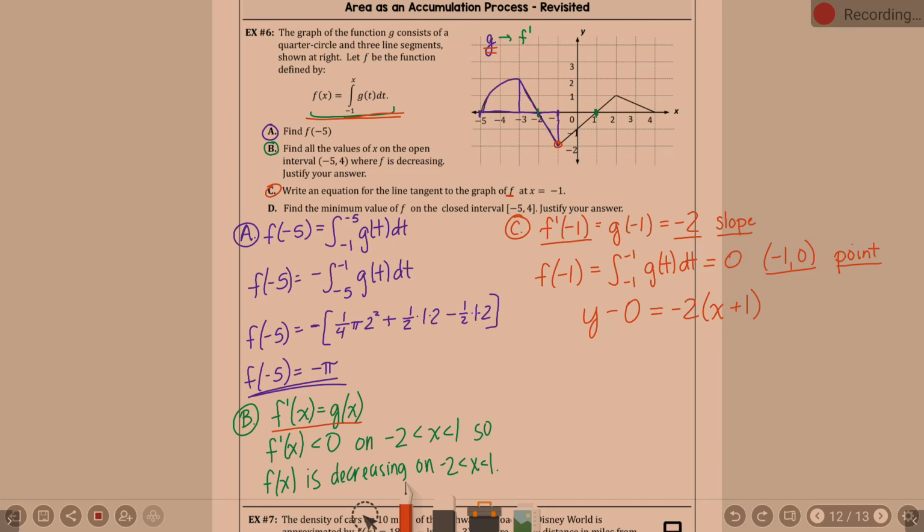Remember, y minus y1 equals m times x minus x1, which, if you drop off the 0, is just y equals -2 times x plus 1. Okay. This is really just tying a lot of old and new together in this problem. It really is.